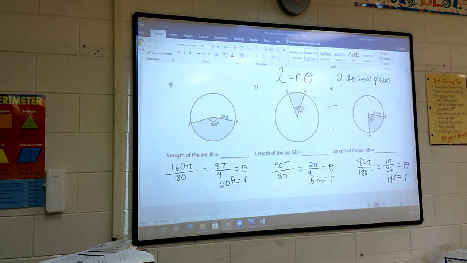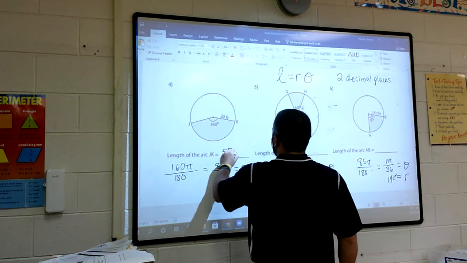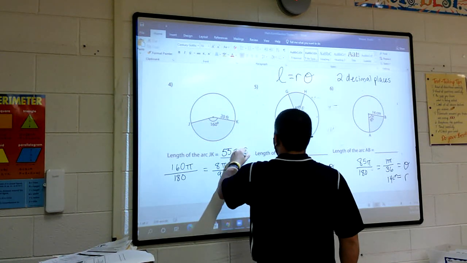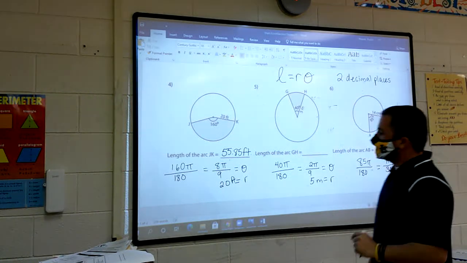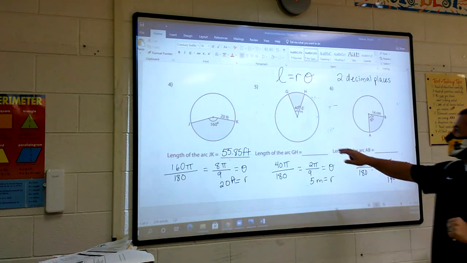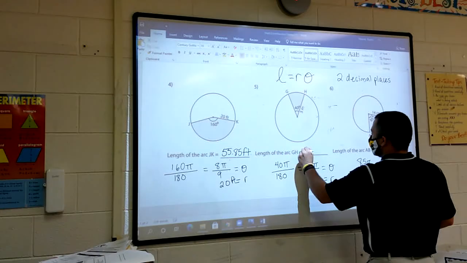Okay, what do you get in the first one? 55.85. Yeah, so 55.85, and that's in feet. So we're just multiplying 8 pi over 9 times the 20. And then in the second one, 3.49 meters.